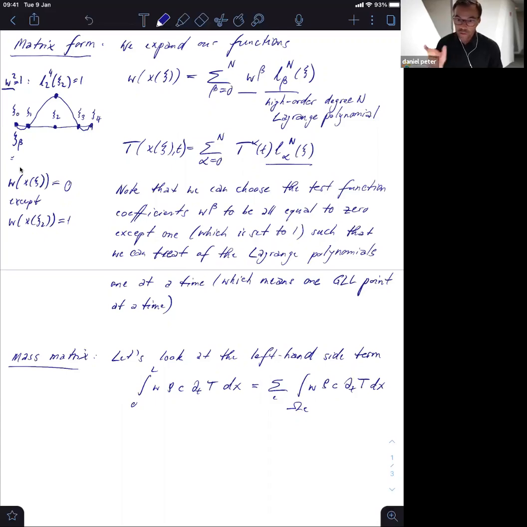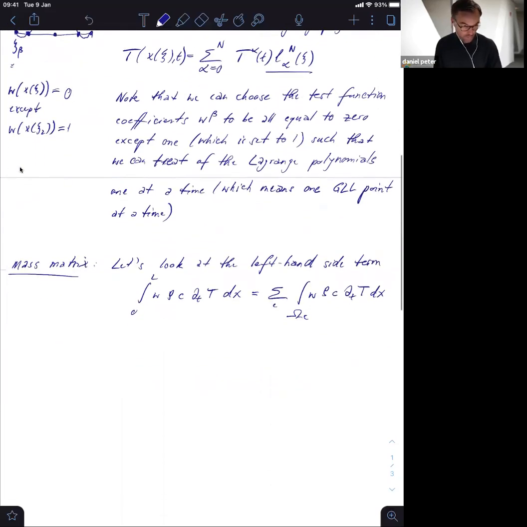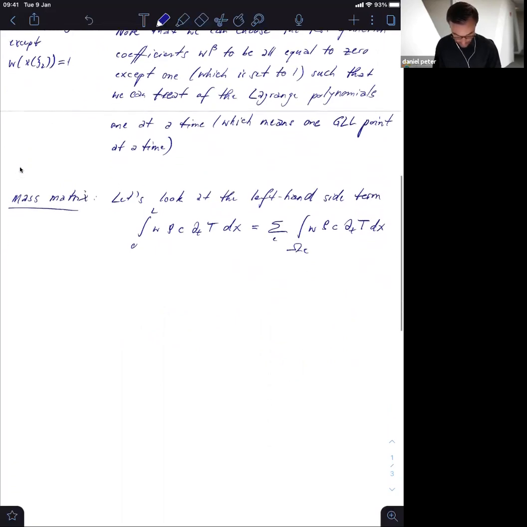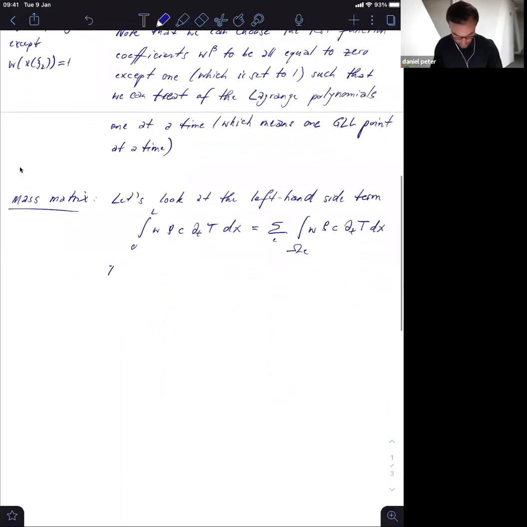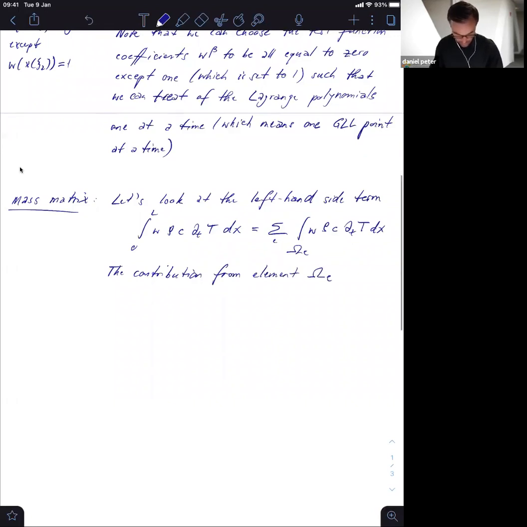So let's look at the contribution from one element. So what we have is then the contribution from element omega E. Looks like this.